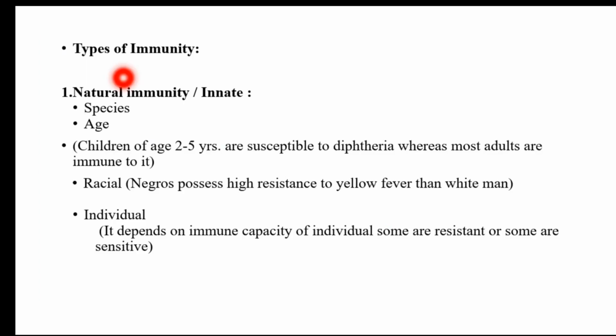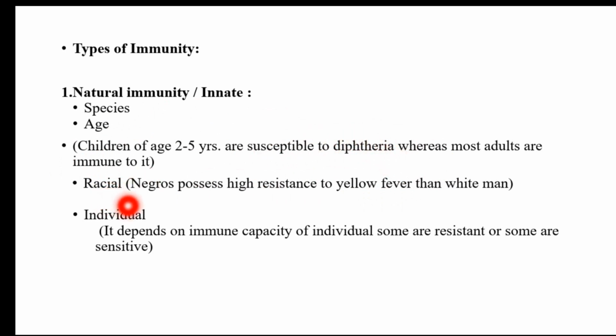So first, when we come to the natural immunity or innate immunity, it is natural because of specific characters like the species, the age, the racial factor, and the individual. Like age, if you talk about it, adults are immune to diphtheria, but children in the age group 2 to 5 are susceptible to diphtheria.